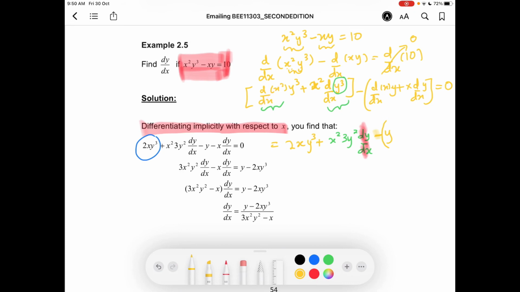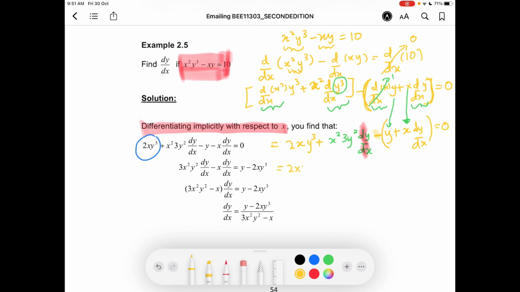I will put a bracket with minus, because this is the second function that we want to differentiate, plus x, and then we differentiate y, it will become dy/dx, equals 0.